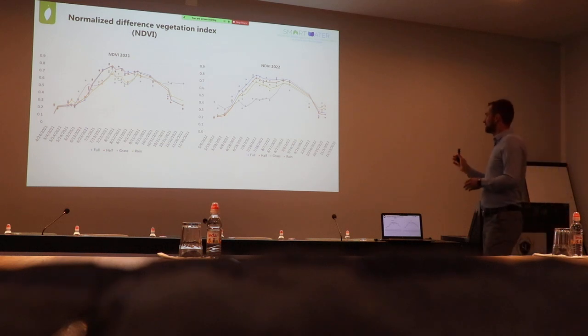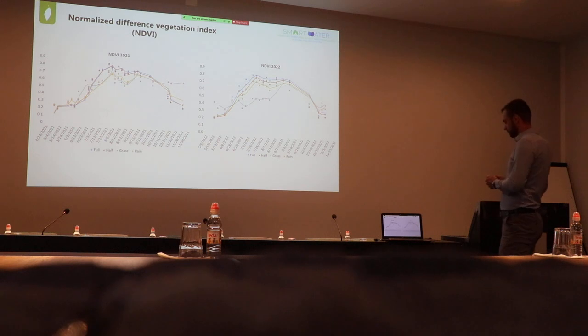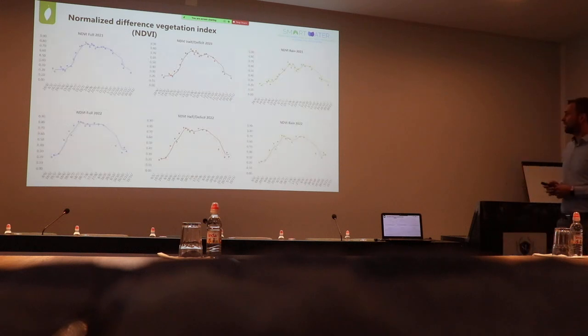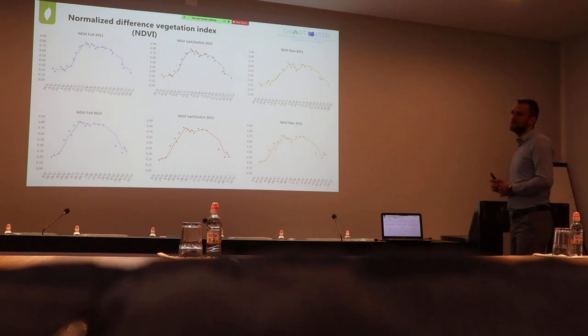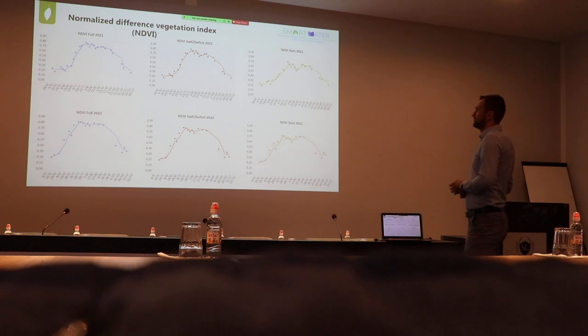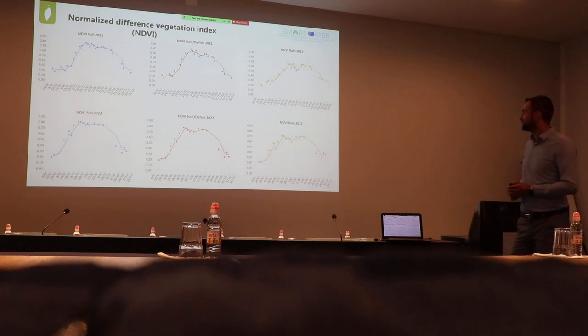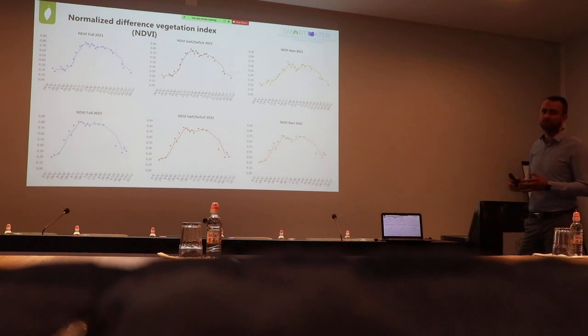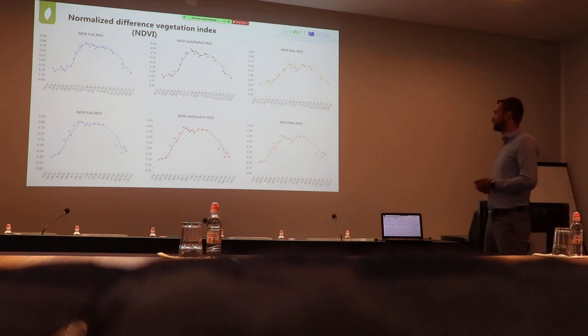And for grass, of course, it's much different than for corn. Also, this slide shows a few figures separated for each treatment and each year, so you can see the curved line from the beginning of vegetation until the end for every treatment.